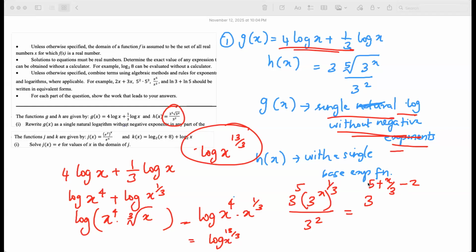So 5 minus 2 is 3. Working on the h of x function, I can change it to 3 power of 3 plus x by 3. With single base exponential function, that's what they want us to express. So the final answer is 3 power of 3 plus x by 3. Make sense?